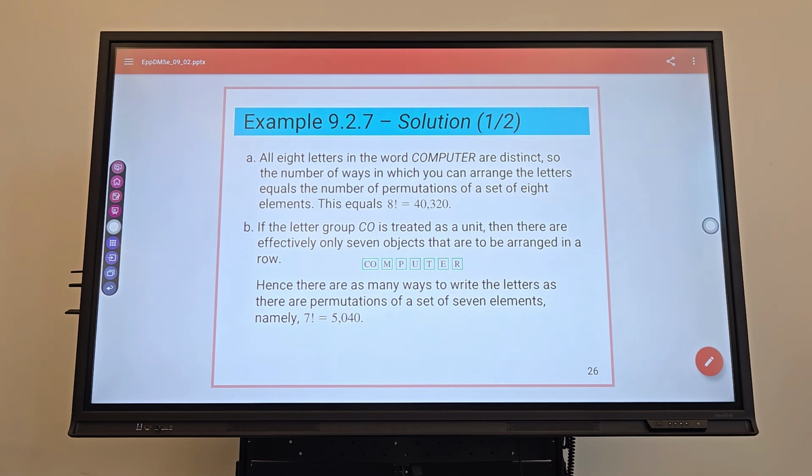If the letter group CO is treated as a unit, then there are effectively only 7 objects that are able to be arranged in a row. Hence, there are as many ways to write the letters as there are permutations of a set of 7 elements, or 7 factorial, a little over 5,000.